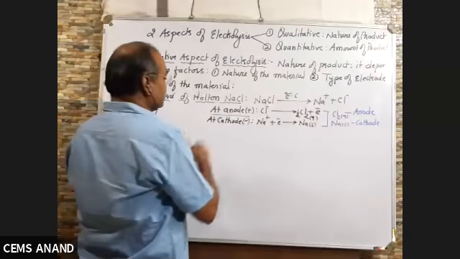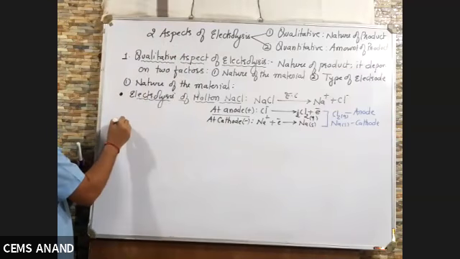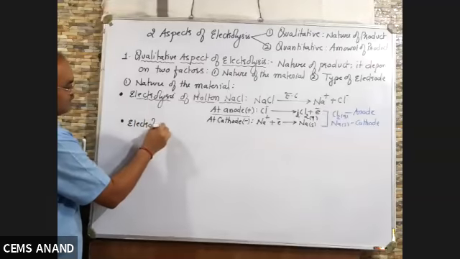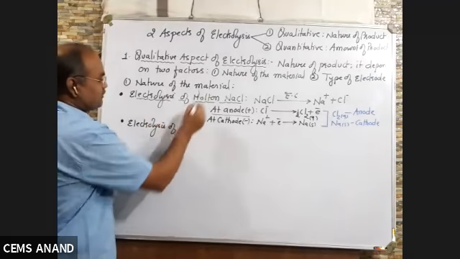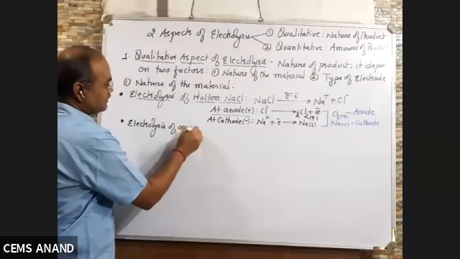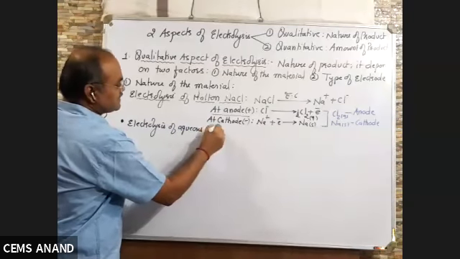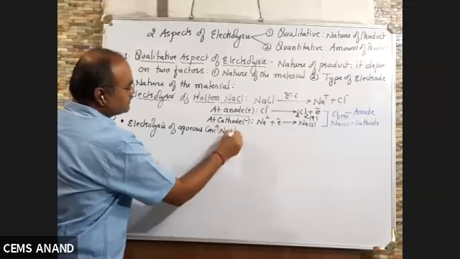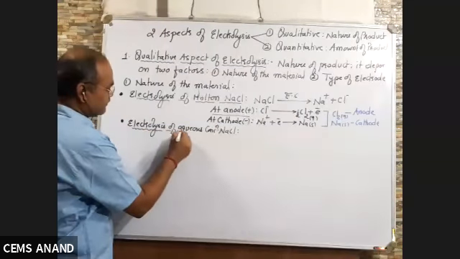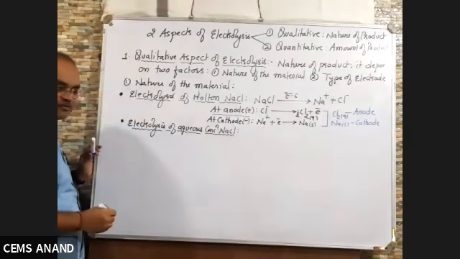This is molten NaCl, already written here. Right. Now second is electrolysis of, instead of molten, aqueous concentrated NaCl solution.